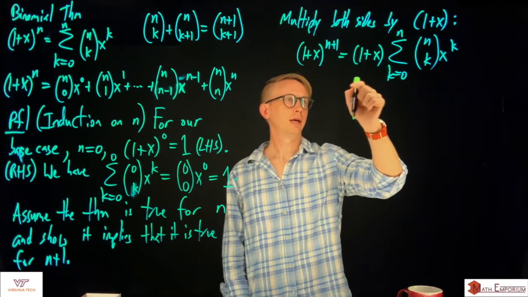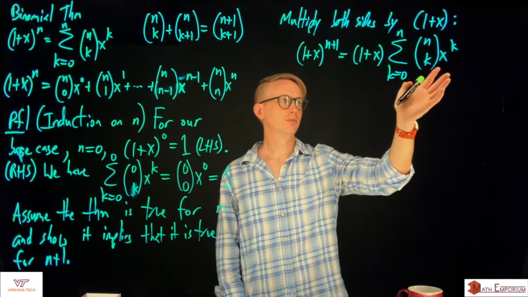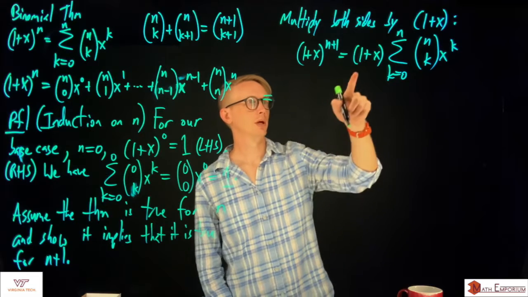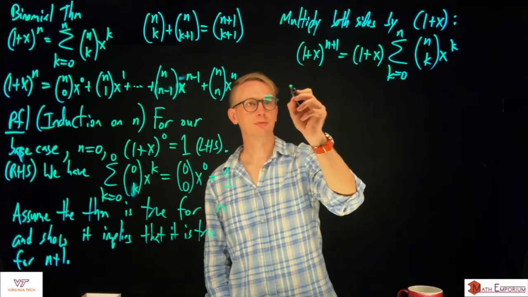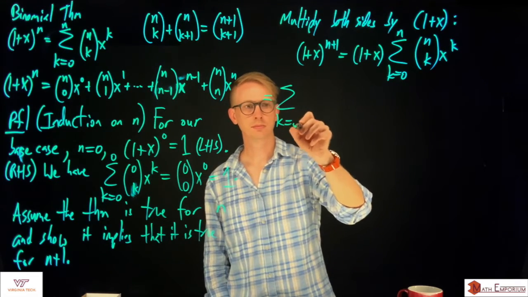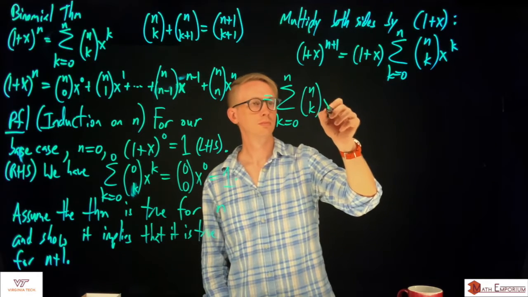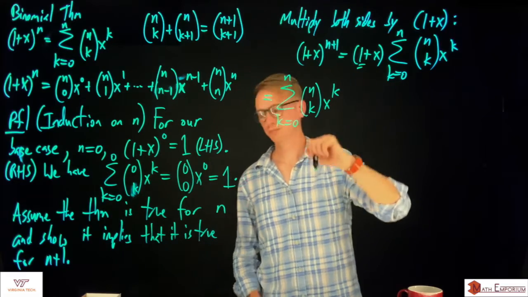Okay, now I have a 1 and an x. So that's actually going to give me two copies of this summation, but with different things in there. Alright, so multiplying by 1 just gives me the original copy of that summation. Okay, so that's from the 1.